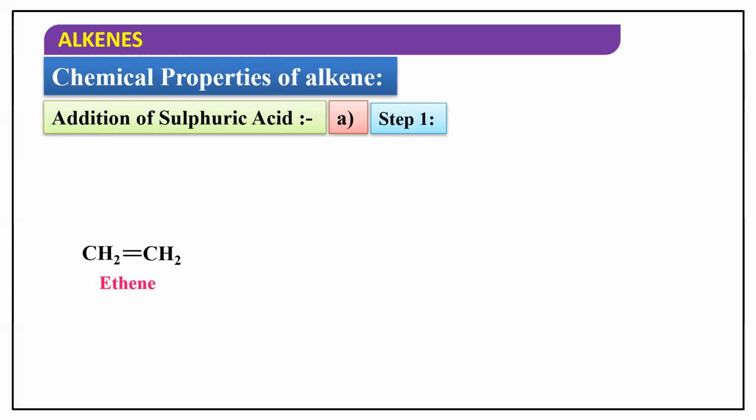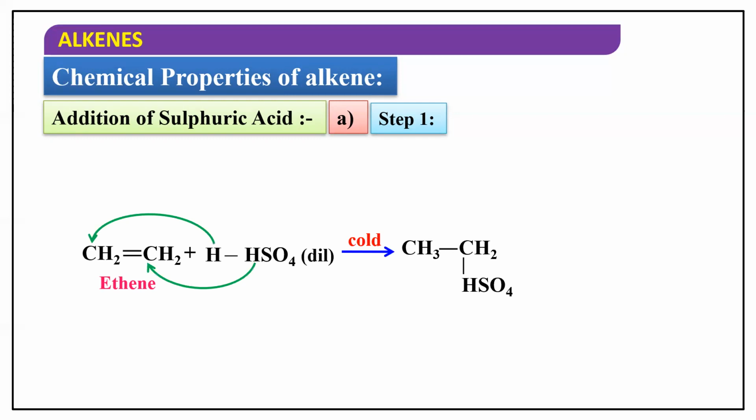If I take an ethene, I add sulfuric acid. Here it is just written in a different way to make you understand who is attacking. Under cold conditions, H plus will attack one of the carbon atoms of the double bond. HSO4 minus will attack the other carbon involved in the double bond, giving us this molecule, which is called ethyl hydrogen sulfate.